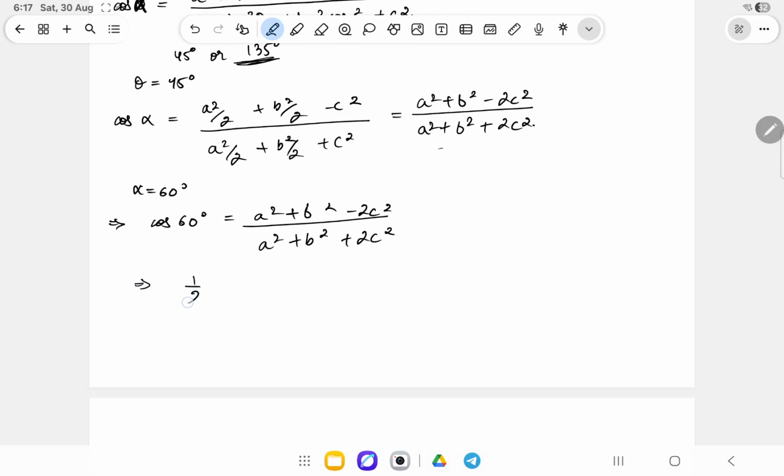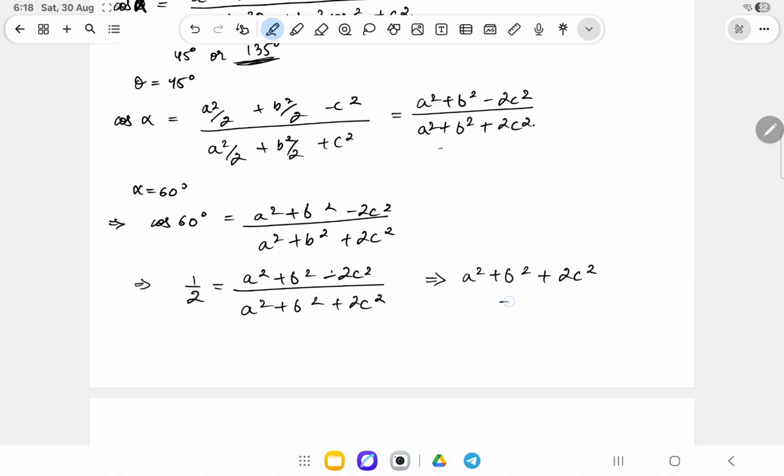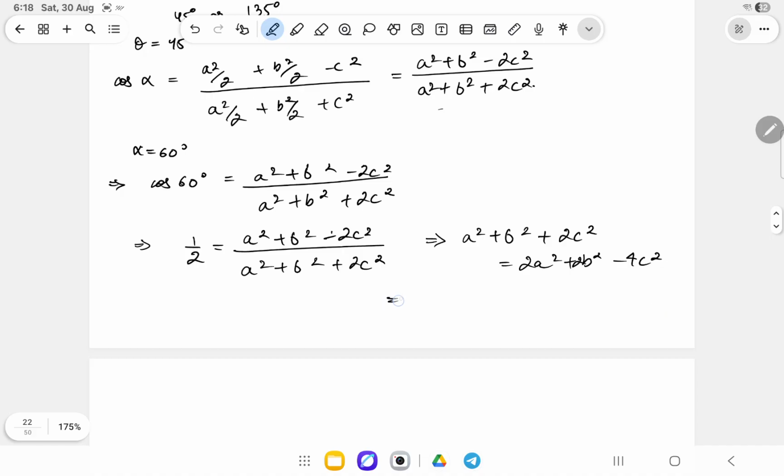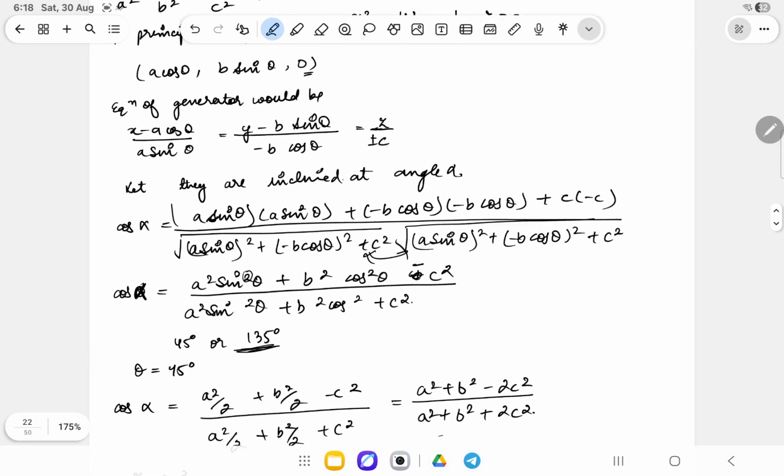So from here I got 1 by 2 is equal to a square plus b square minus 2c square divided by a square plus b square plus 2c square. So if I simplify it, I will be getting a square plus b square plus 2c square equals 2a square plus 2b square minus 4c square, which is basically a square plus b square minus 6c square equals 0. And this is the relation which we are supposed to prove when they are inclined to each other at angle 60 degree.